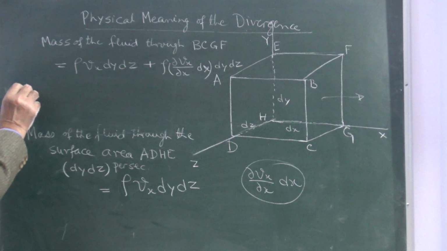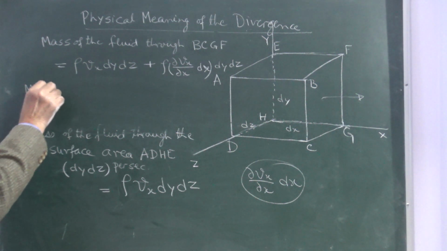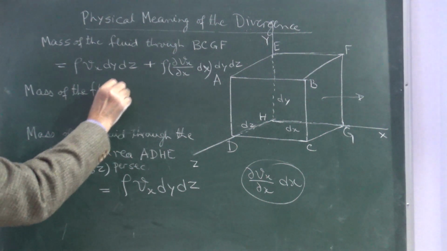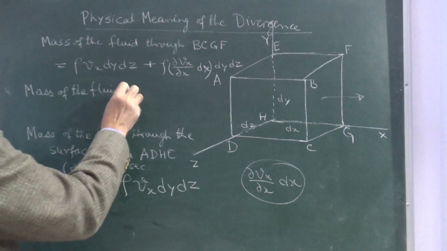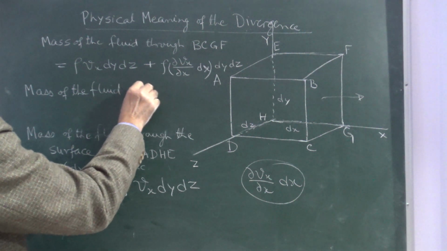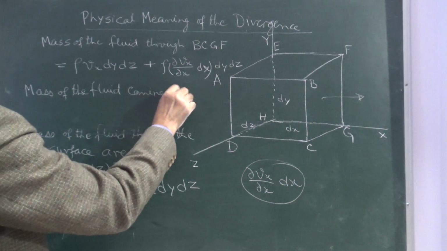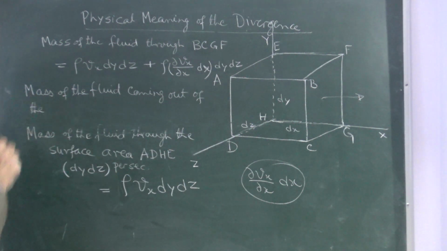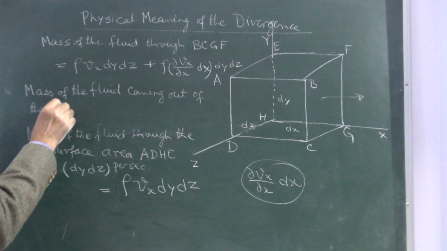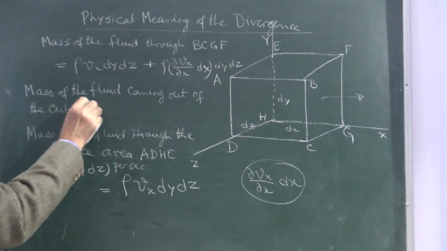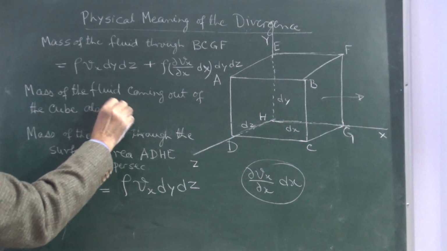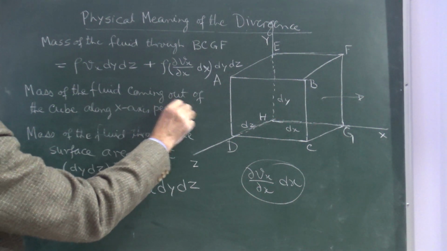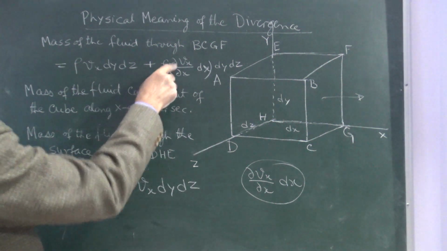So the mass of the fluid coming out of the cube along the x-axis per second will be the difference between these two.